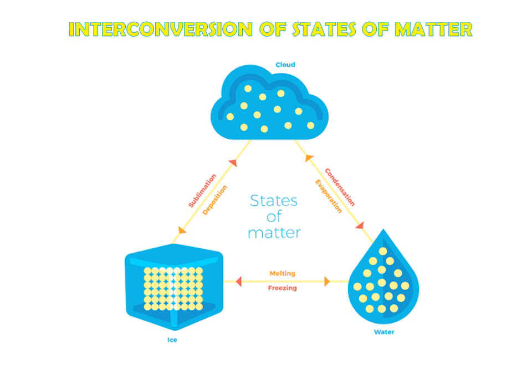Now, if we convert ice directly to gas, like some substances undergo direct conversion from solid state to gaseous state, it is called sublimation. The conversion of gaseous state to liquid state is called condensation, and liquid state to solid state is called freezing.